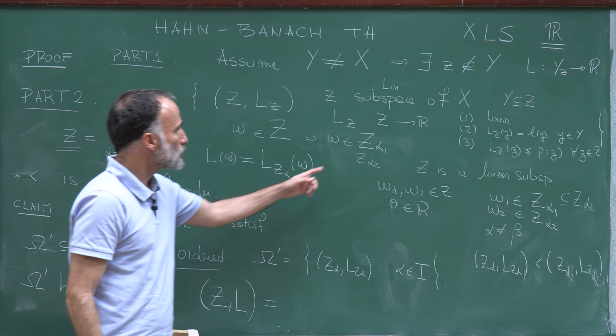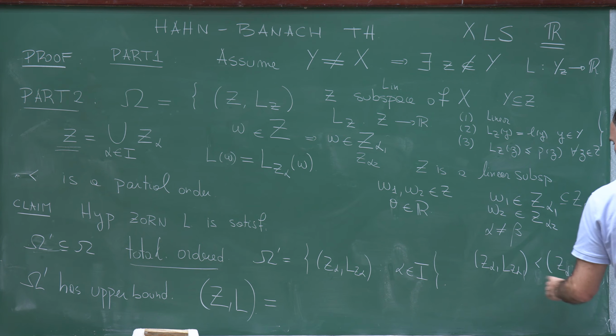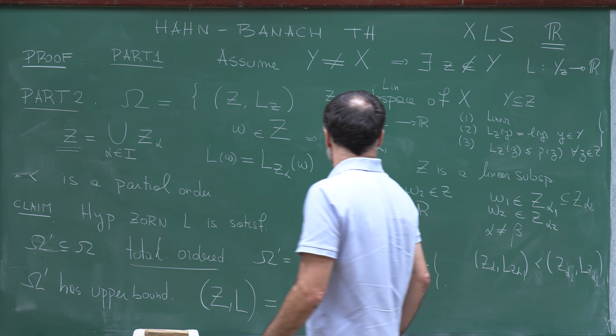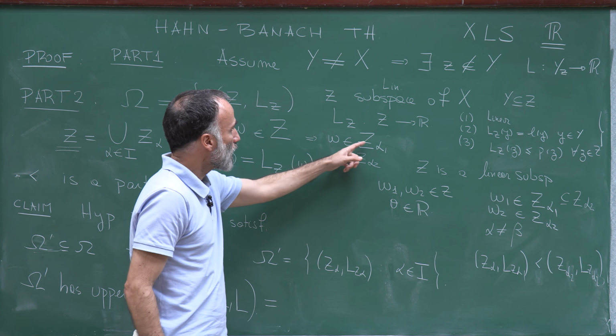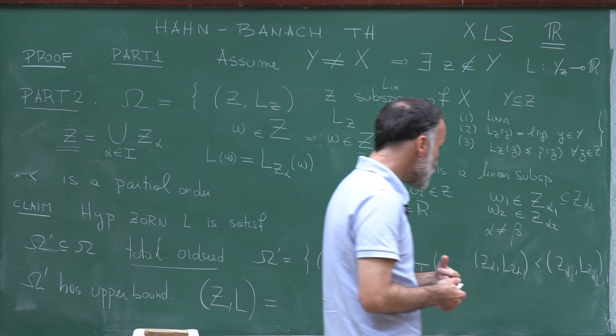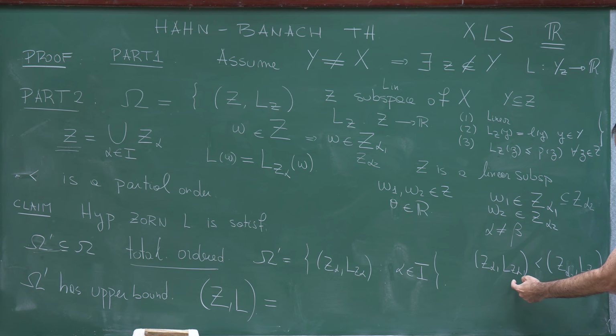Since omega prime is totally ordered, either one is smaller than the other or the other is smaller than the first, so let's assume this inequality holds. This means that Z alpha 1 is contained in Z alpha 2, but also that on Z alpha 1 these two functionals coincide.